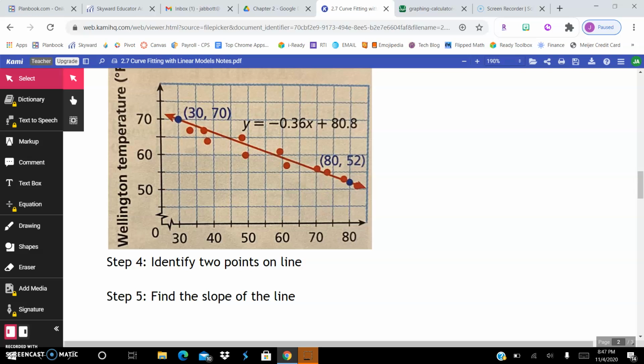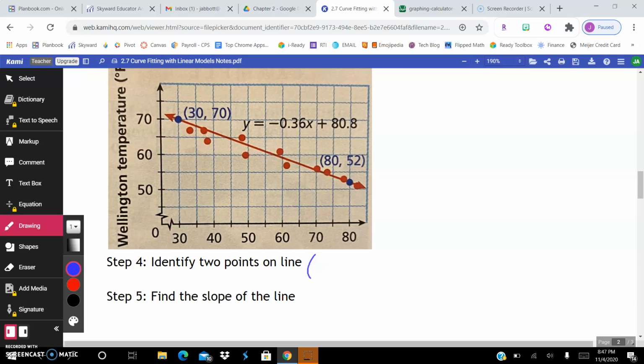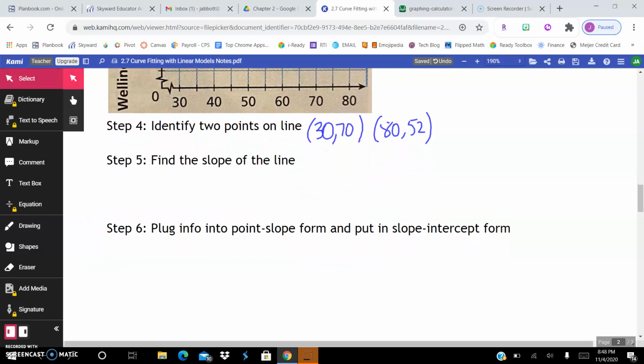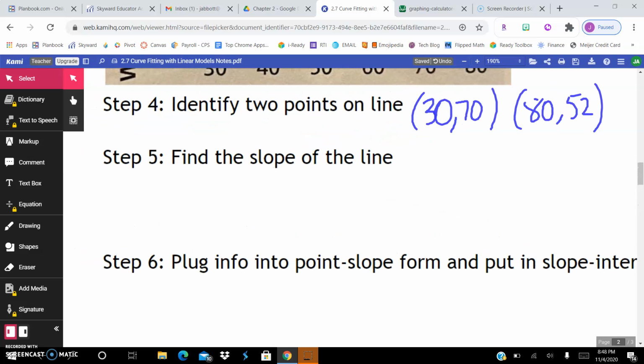Step 4 is to identify 2 points on the line. So if you're doing this by hand, you definitely want it to go through a couple of the points. So this particular line is going through (30, 70) and (80, 52). And then we're going to use those two points to find the slope of our line.